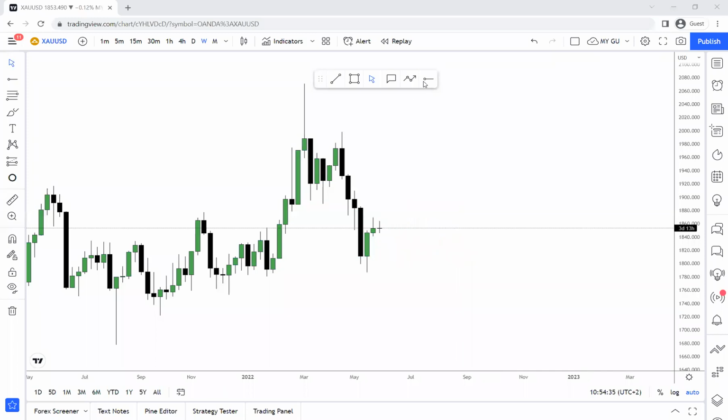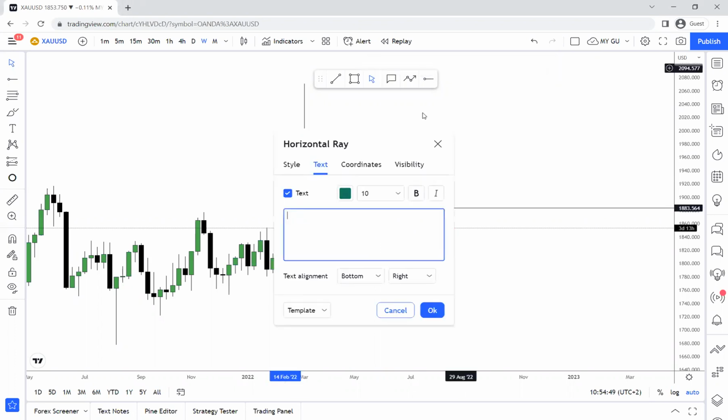We have the area of our previous breakout. Okay, let's highlight that. This is the previous breakout.